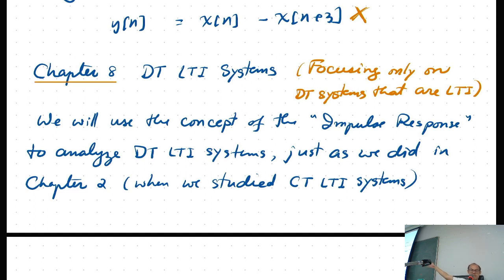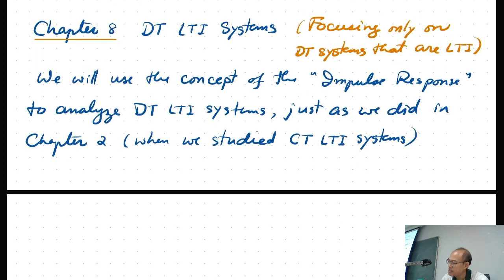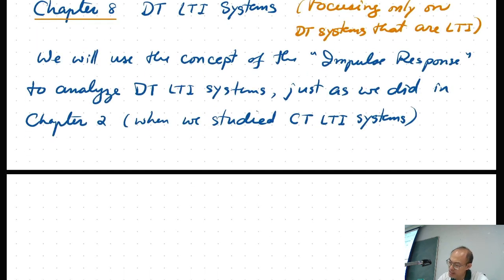So we're going to use the concept of impulse response, but now in this chapter it has to be discrete time, not continuous time. So what is impulse response here? Recall, the impulse response is the output from the system, but now in this case it has to be discrete time, linear time invariant.